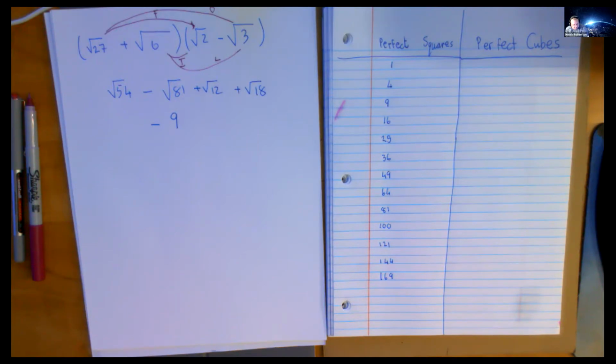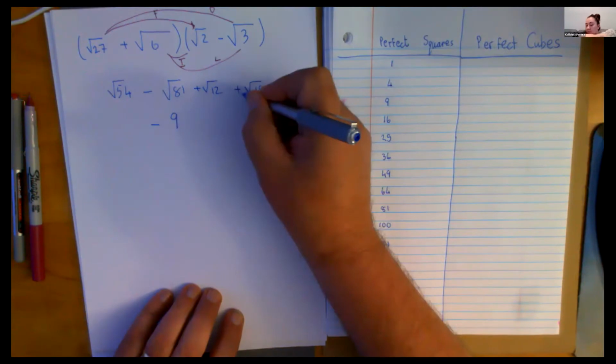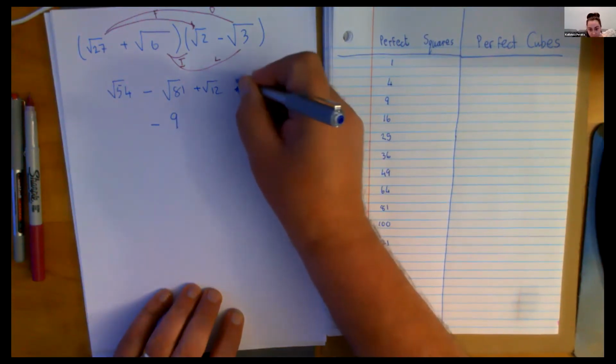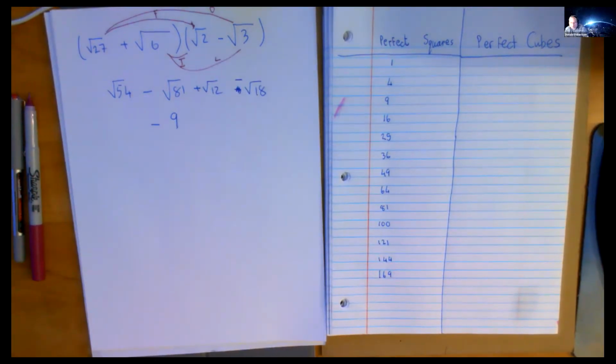Can anyone see any mistake that I have made? Should be negative square root 18. Right. So apart from that, everything's fine, right?